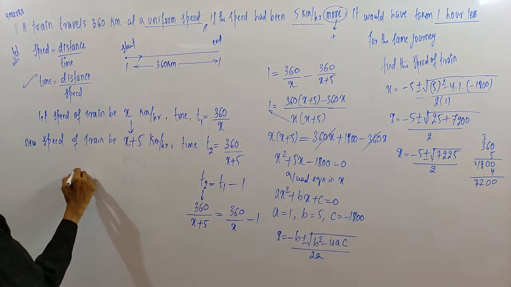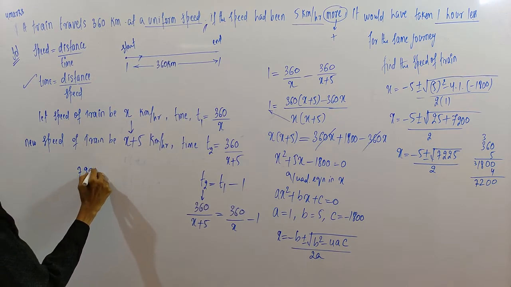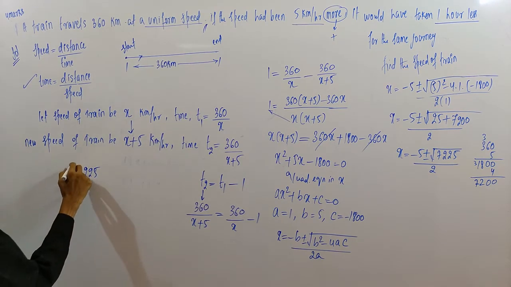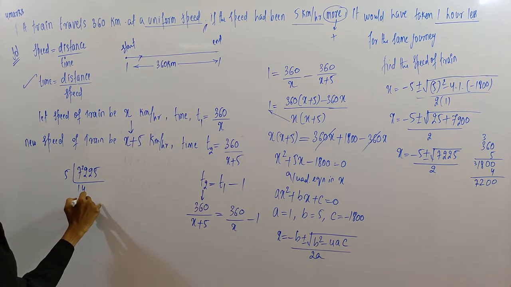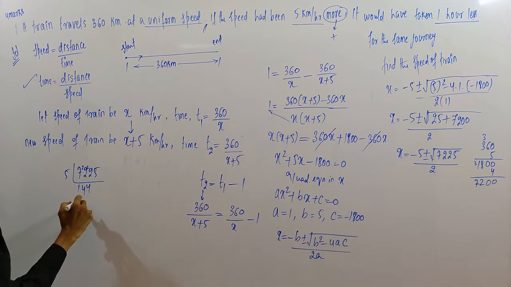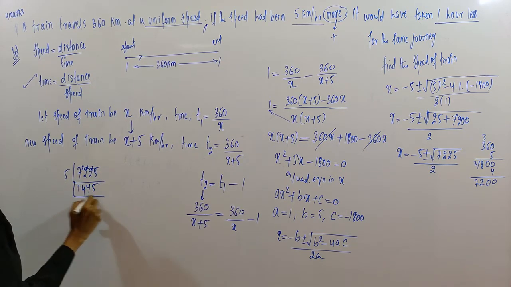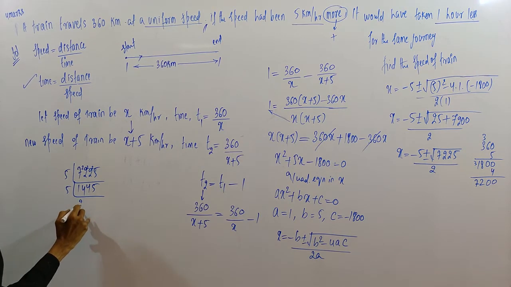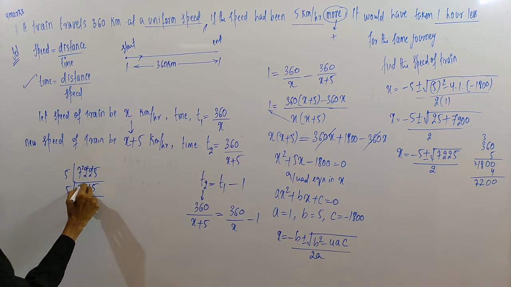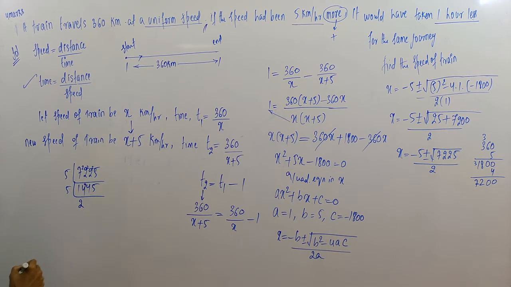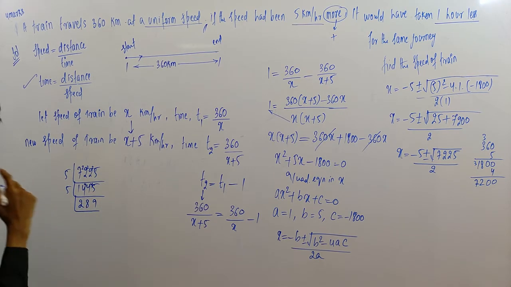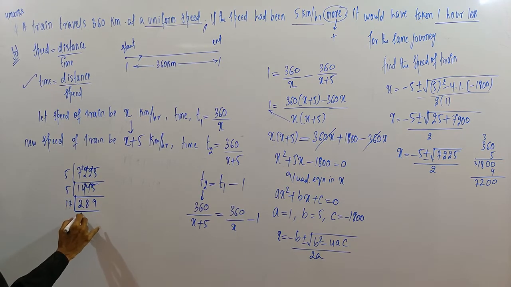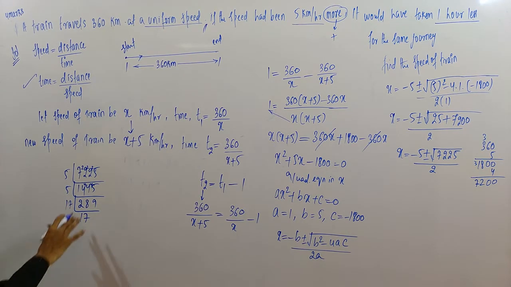Take LCM. 289 is 17 into 17. So we will get 289.